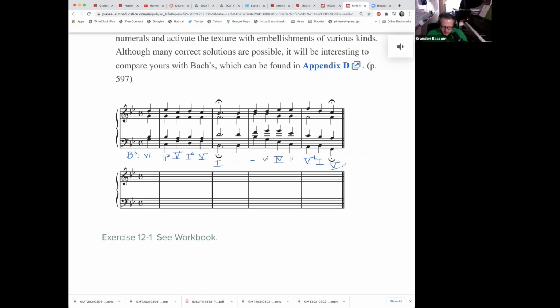So I'm just going to play what they do to spice it up. Is that all right? I don't want to spend forever on this. Okay, once as written. And their embellishment.